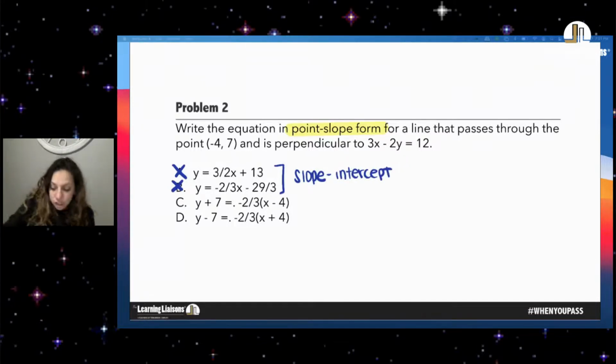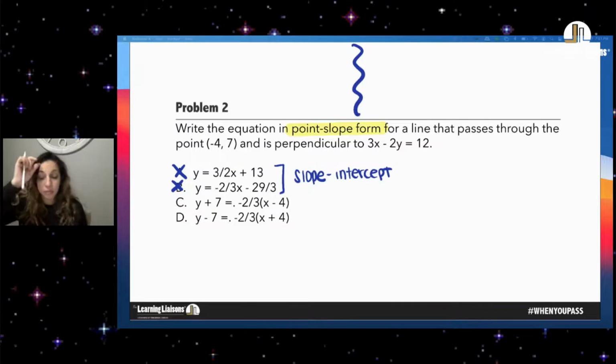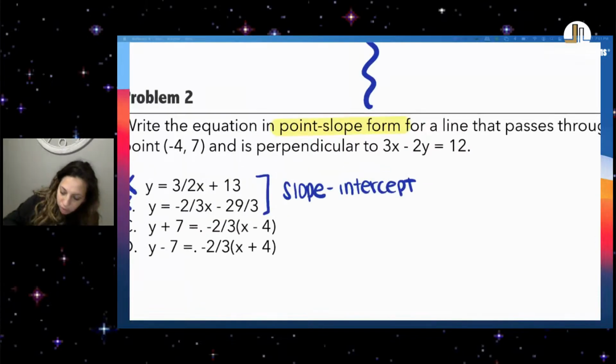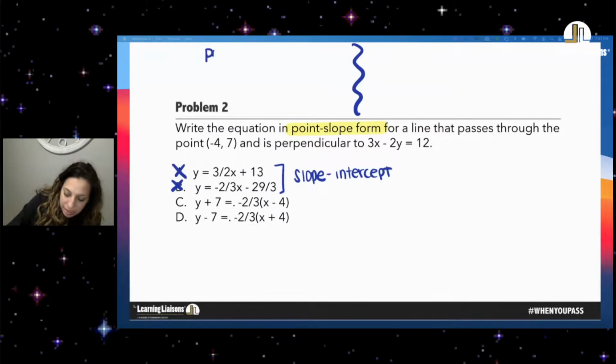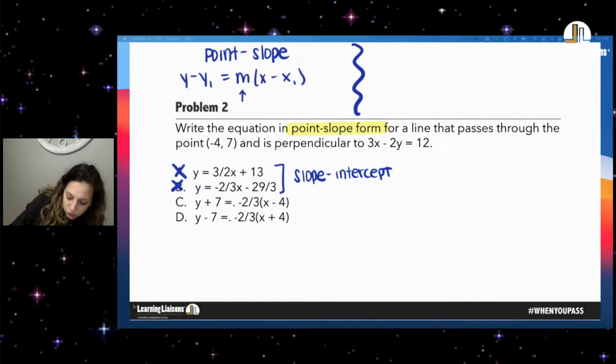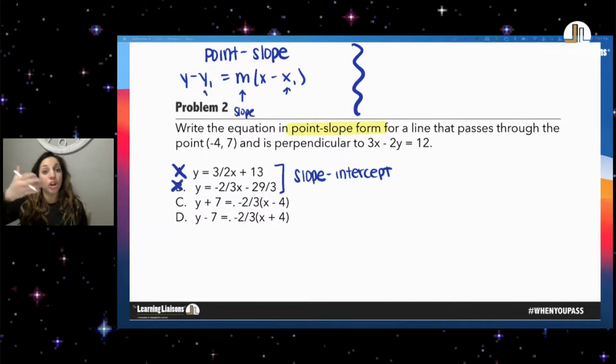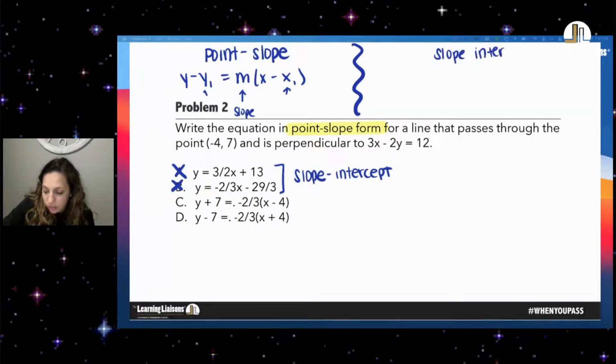Well, let's differentiate between point slope and slope intercept form. Point slope form is literally a point and your slope. Y minus y1 equals m times x minus x1, where m is your slope and x1 and y1 belong to your xy point. Slope intercept form is just that.